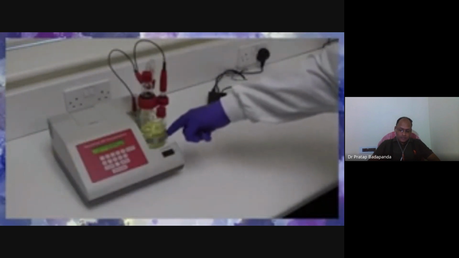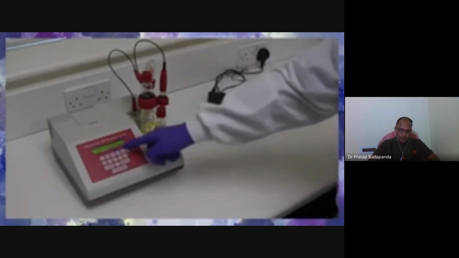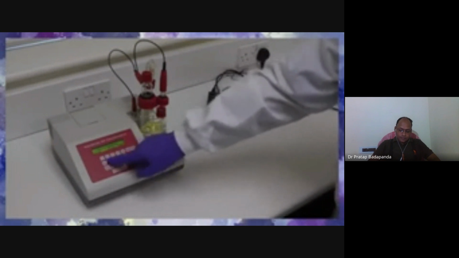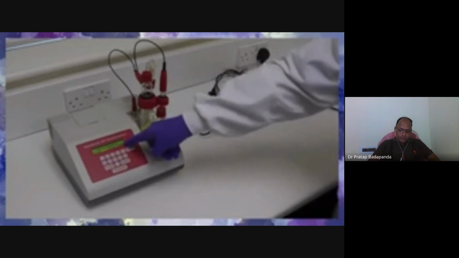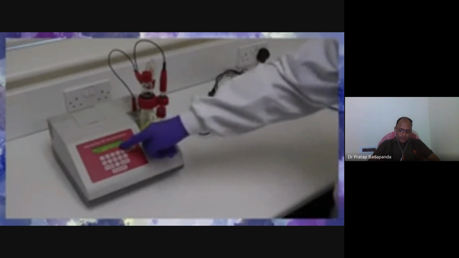The instrument will then start to stir automatically, and the display will show the model, the software code, and what the operator is required to do. All other keypad functions are disabled. Press Start as requested by the display.